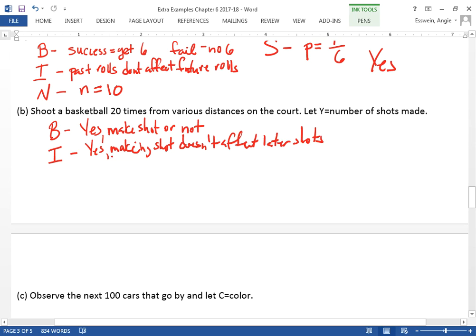And the number of trials is n equals 20. Now, the probability of success, is that changing or is it always the same? It's changing. So no, and if one of the conditions isn't met, then it's a no-go. There's no fixed probability, so we can't do this problem using the binomial probability formula.